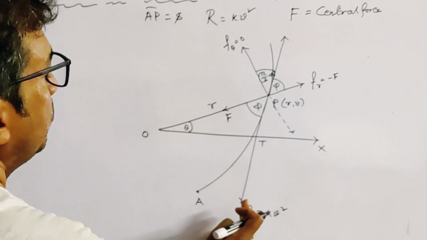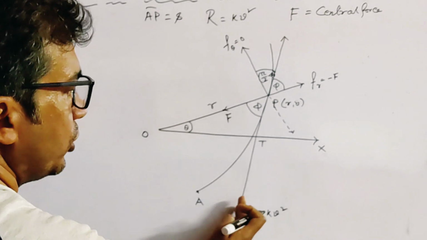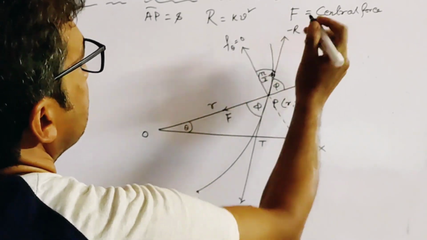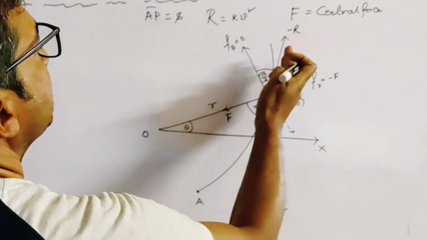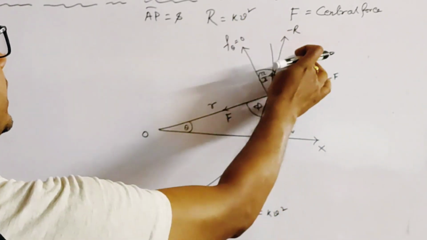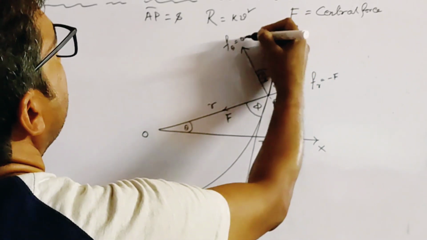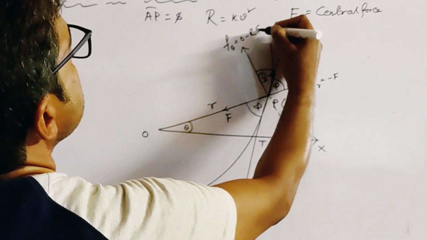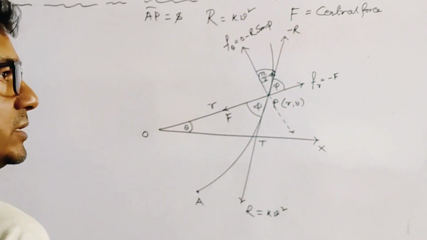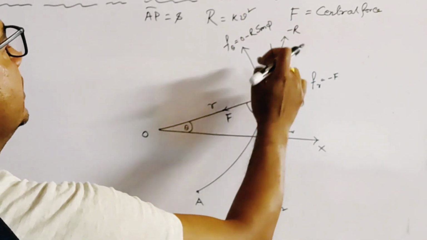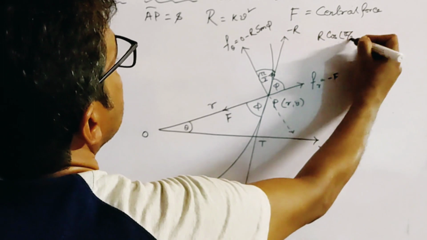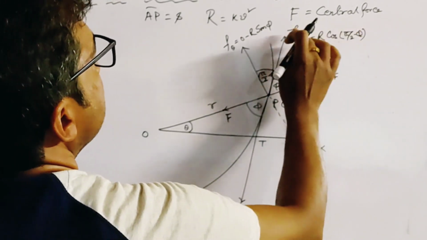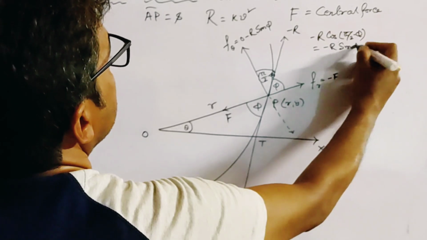So the component of R: this is minus R, because R acts along the downward direction, opposite to the motion of the particle. The component of R along F theta is minus R sin phi, because this angle is pi by 2 minus phi, so the component is R cos(pi by 2 minus phi), and this is obviously minus, so minus R sin phi.